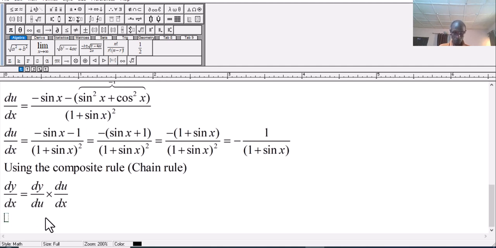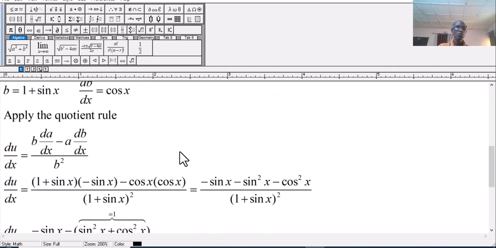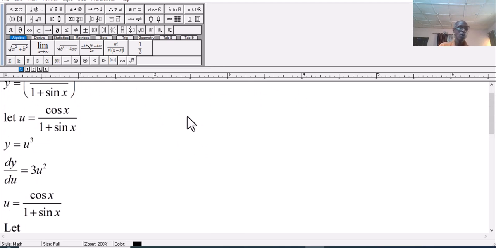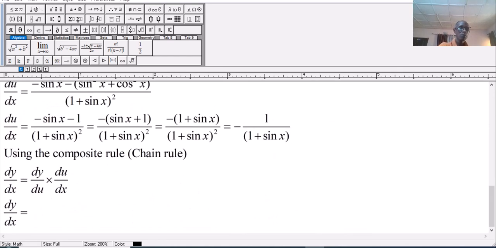So we can bring down dy/du. Don't forget that our dy/du is equal to 3u squared. So I'm going to bring it down. So we now have that. Then our du/dx is this. So we have that.